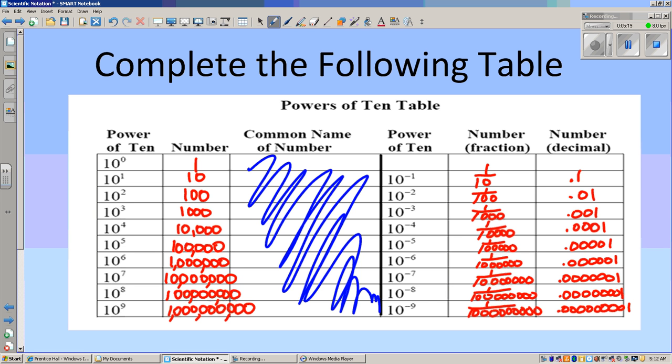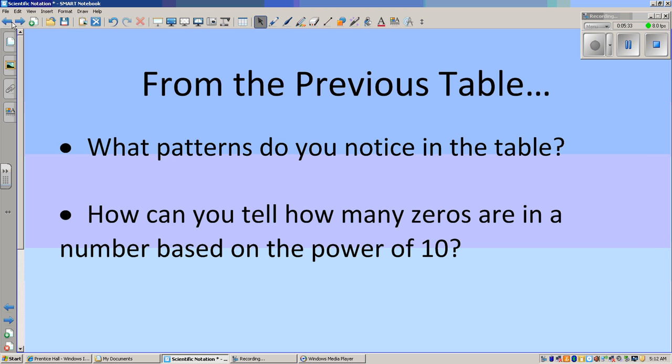Okay, so continue to fill that out if you have not finished already. I'm going to talk through while you finish that up. Okay, so on the next slide, the question there is, what patterns do you notice in this table?